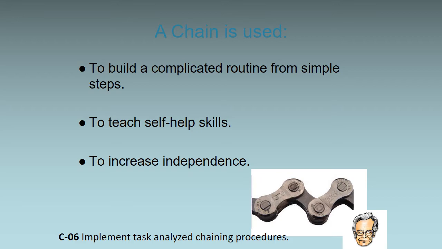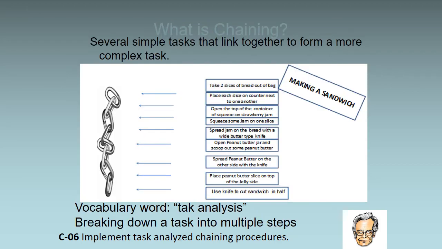A chain is used to build a complicated routine from simple steps, to teach self-help skills, and to increase independence. Several simple tasks that link together to form a more complex task is known as a chain.